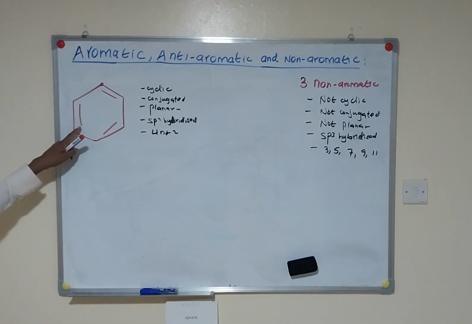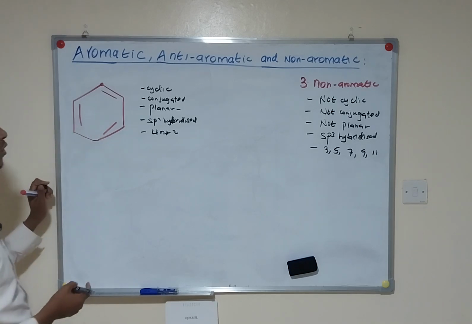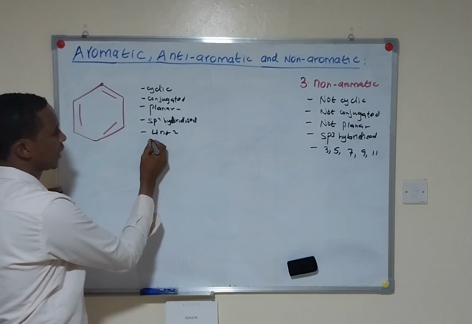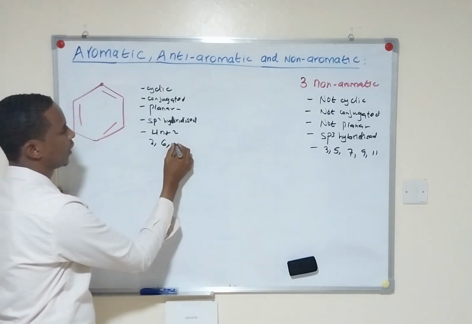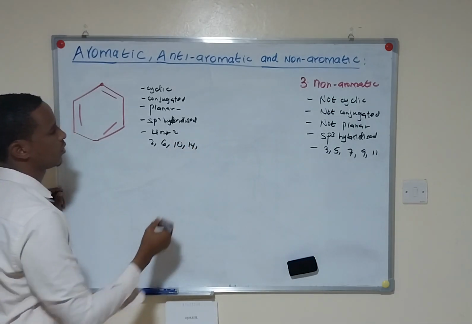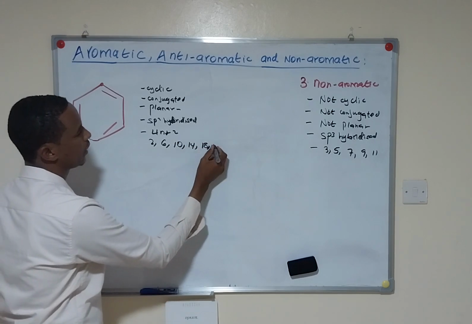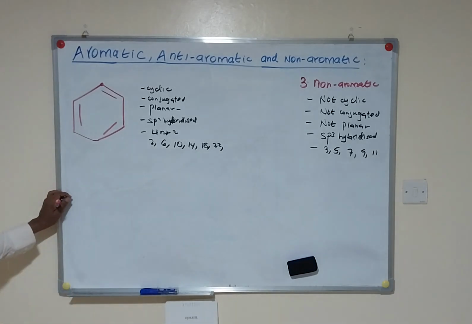Let us see if it conforms to 4n plus 2 by counting the pi electrons. There are 3 pi bonds, 1, 2, 3, times 2, so that is 6 pi electrons. We said if a compound has 2, 6, 10, 14, or 18 pi electrons, the compound is aromatic.